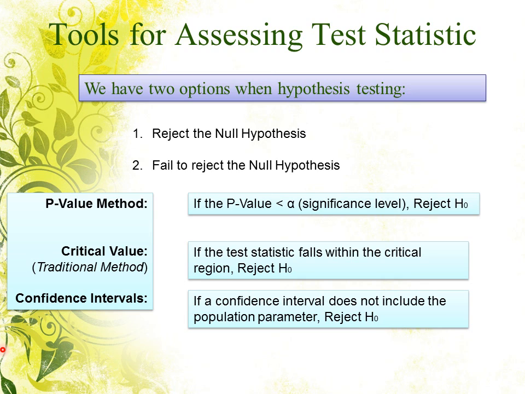And lastly, if a confidence interval does not include the population parameter, we're going to reject the null hypothesis. So just as we were doing in previous sections, we're going to find confidence intervals based on our sample statistic, and if that interval is too high or too low and doesn't contain the parameter that we're saying H naught says the parameter equals, then we're going to reject the null hypothesis. Otherwise, we'll fail to reject the null hypothesis.